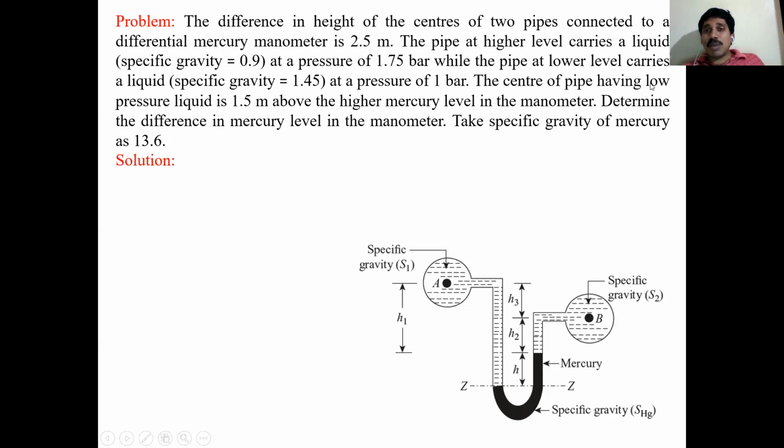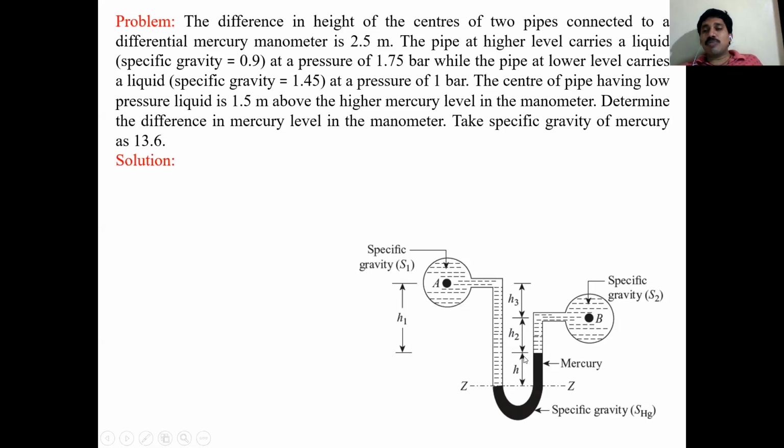So from point B to the higher mercury level on the right limb, we have a gap of 1.5 meters. So H2 is 1.5 meters. We need to calculate the difference between the two mercury levels. That is the H value we need to calculate.